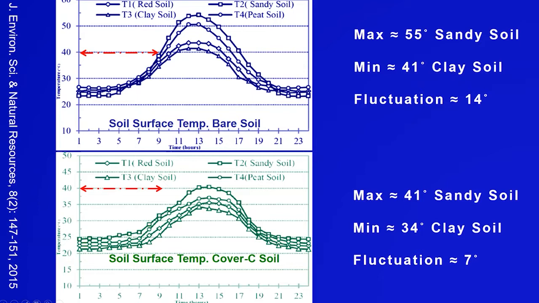A 14-degree fluctuation. And just think about this. For some seeds, when you have lower temperature, your seed would not even activate to germinate and emerge. So if we have different soil types in our field, and we treat them, when I'm talking about the treatment, I'm talking about the planting depth, the fertilizer application, the seeds.